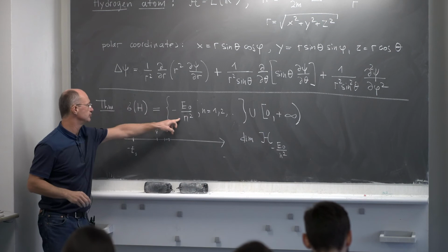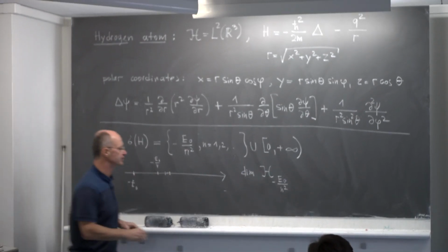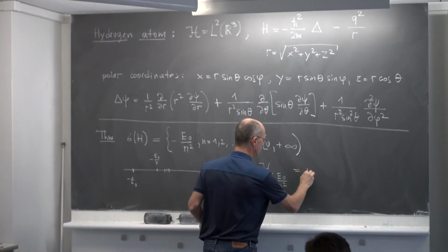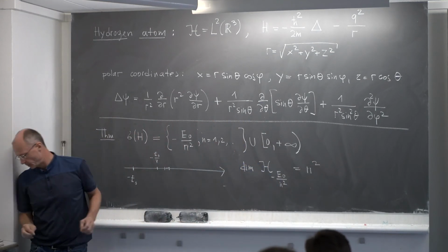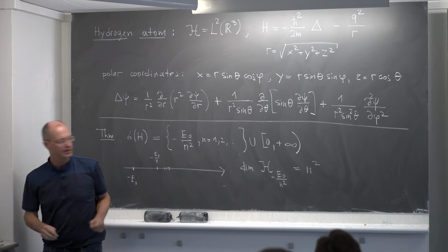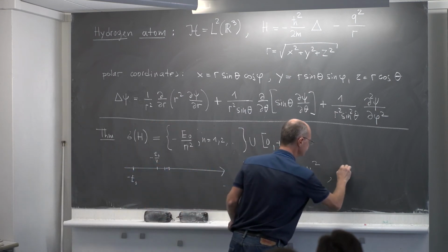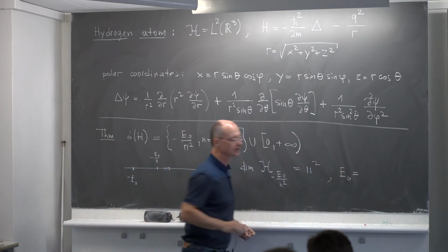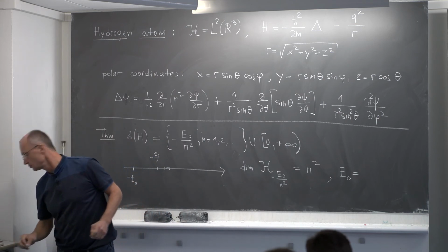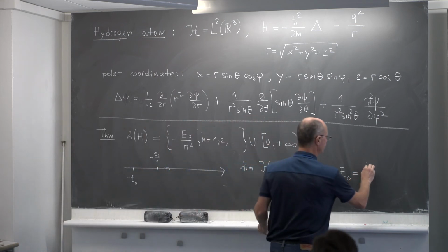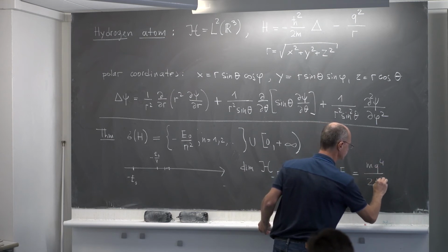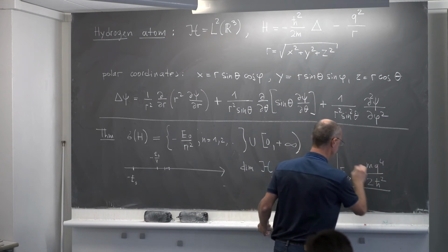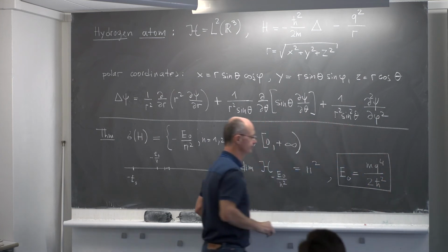And maybe one should add that the dimensions of the eigenspaces corresponding to those isolated points of the spectrum are equal to n squared. And E0 is, if we keep all those units, this expression.